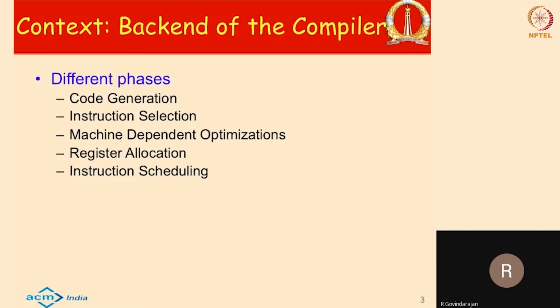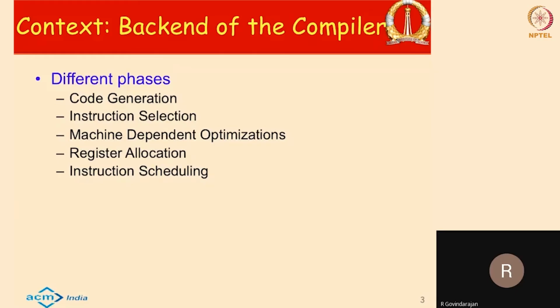Another related problem to this is instruction scheduling, where we are going to talk about how to reorder instructions, either to avoid possible pipeline stalls or to expose instruction level parallelism so that processors can exploit that. These two topics, register allocation and instruction scheduling, and the optimizations that we do there, are also related to each other.